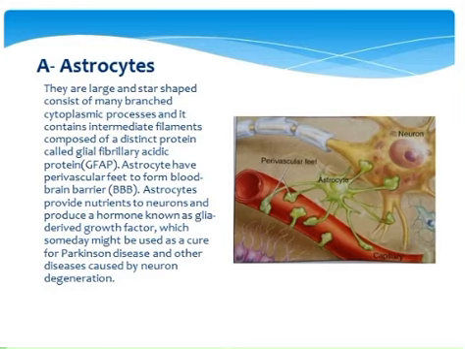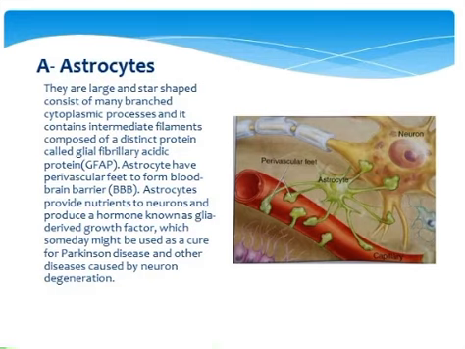Astrocytes also provide nutrients to neurons and produce a hormone known as glial-derived growth factor, which someday might be used as a cure for Parkinson's disease and other diseases caused by neuron degeneration.